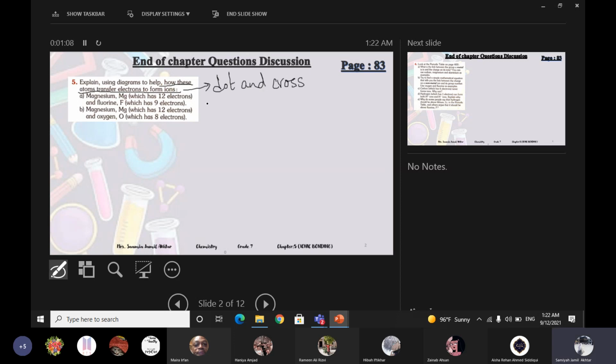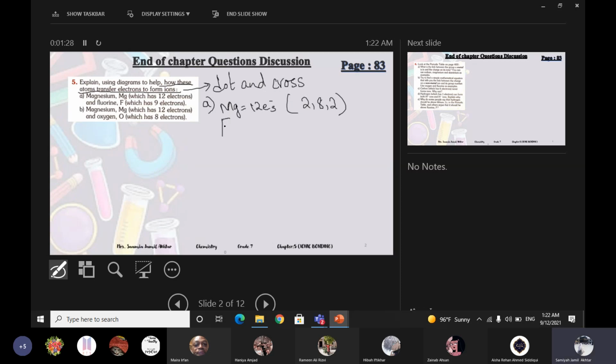For the first one, draw a dot and cross diagram for magnesium and fluorine. It means you have to draw magnesium fluoride. Magnesium has 12 electrons, so it will be 2, 8, 2.